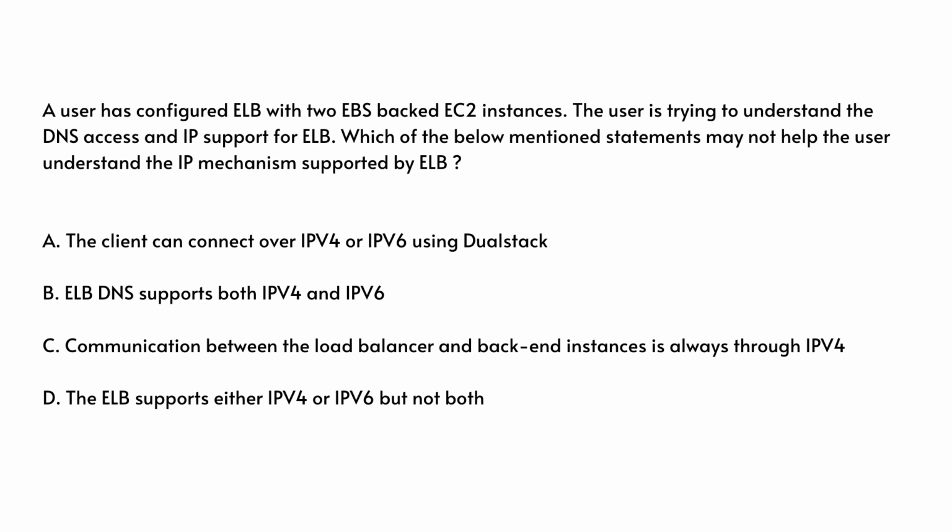Option B, ELB DNS supports both IPv4 and IPv6. Option C, communication between the load balancer and backend instances is always through IPv4. And option D, the ELB supports either IPv4 or IPv6, but not both.